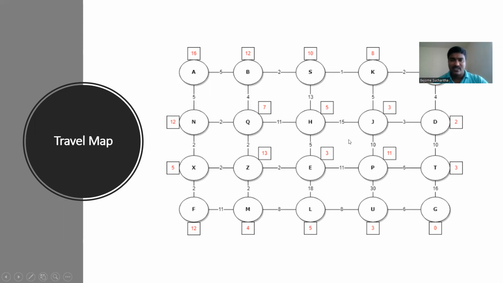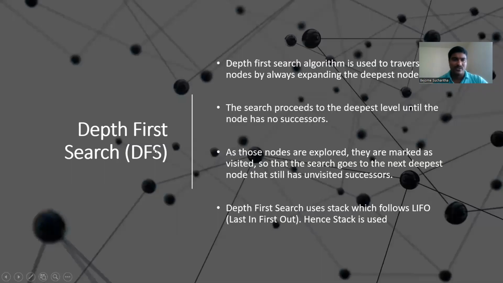Next, we are discussing depth first search. The depth first search algorithm is used to traverse nodes by always expanding the deepest nodes. The search proceeds to the deepest level until the node has no successors.